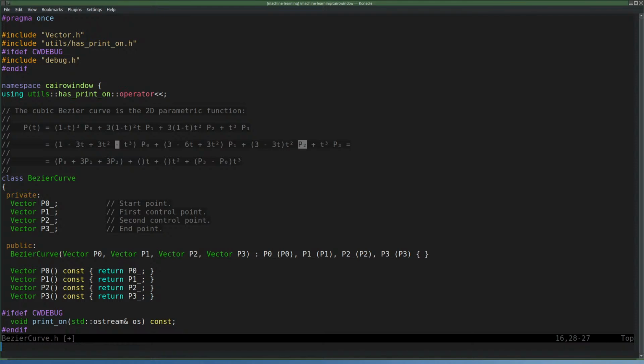Yeah, that can't be right, of course. I've got a t here. This must be multiplied by t. Oops. And this one is multiplied by the t squared, so that one is right.